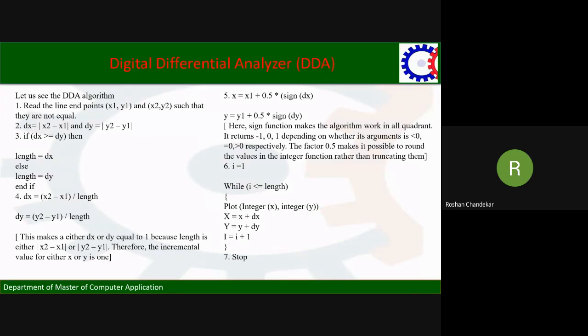Then we increment x equal to x plus dx and y equal to y plus dy, finding the next pixel point, and increment i equal to i plus 1. Repeat this step until we find the last point, x2 y2, of the line segment, and then we stop. So here it is, the DDA line generating algorithm we have performed.